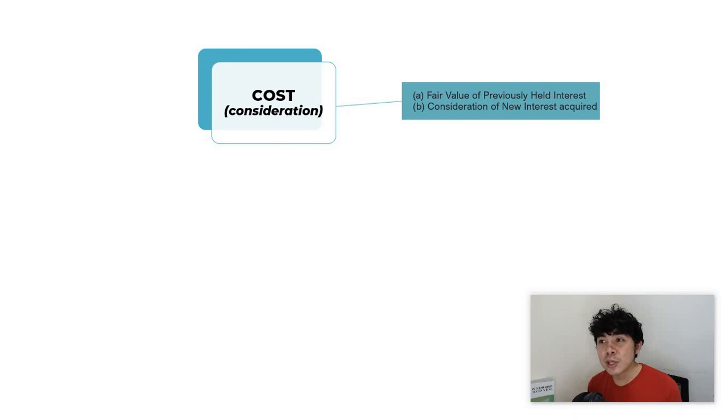Tapos, syempre, part din ng cost or consideration is yung mismong consideration to acquire the new shares. Yung acquisition ng new shares, yun yung nag-lead para magkaroon tayo ng significant influence. And yung amount that will become part of the cost, syempre, yung consideration. Kaya, ito yung ating composition ng ating cost. Siyempre, dagdag mo na rin dyan yung transaction cost in case na meron transaction cost.